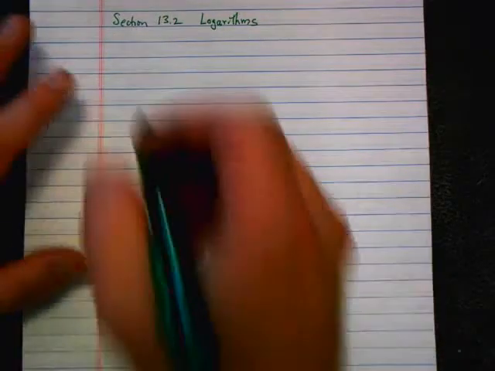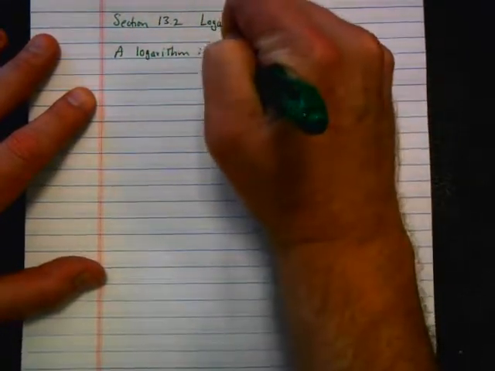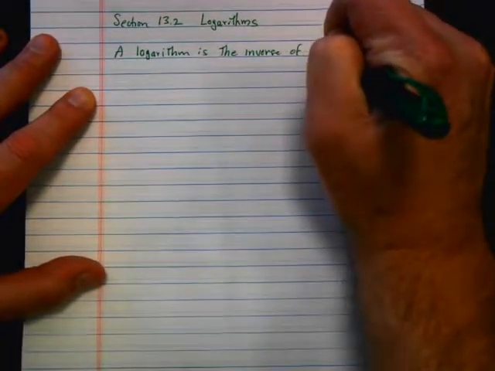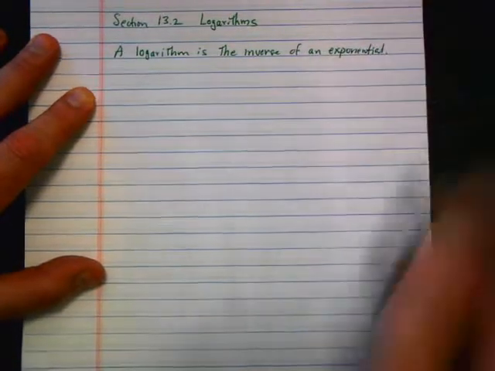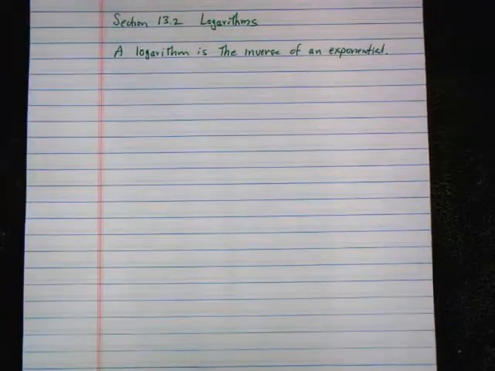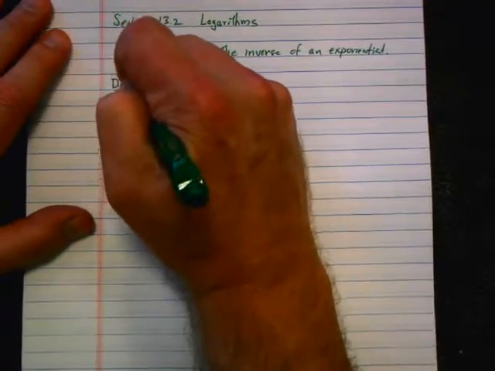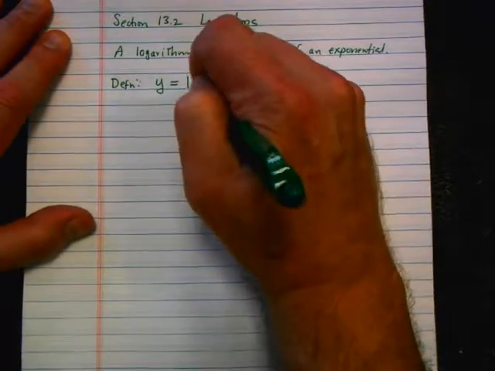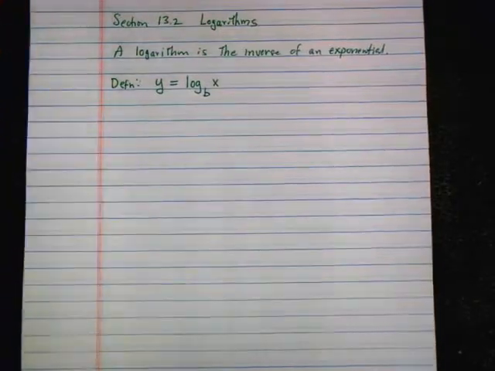So a logarithm is the inverse of an exponential. So what that means in terms of math symbols, the definition of a logarithm, y equals log base b of x, is the way we read that.